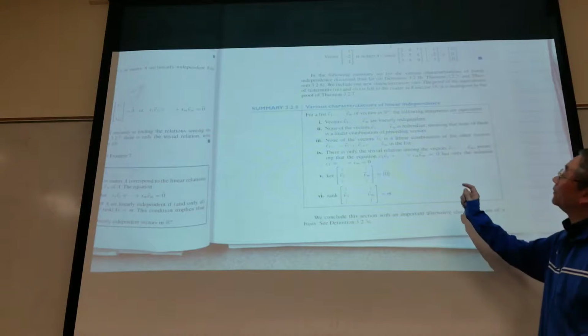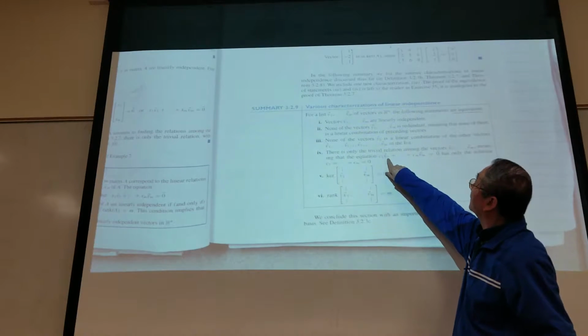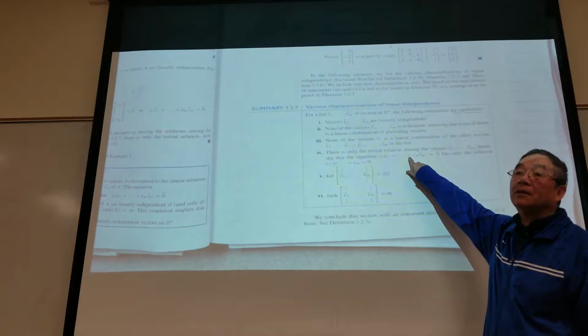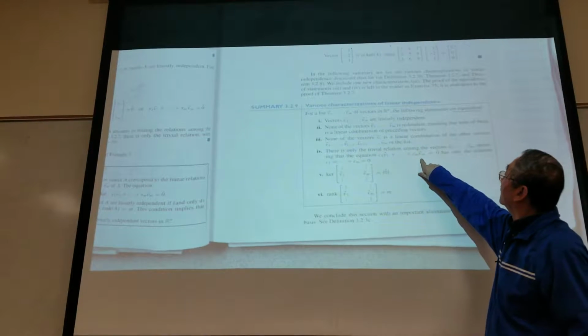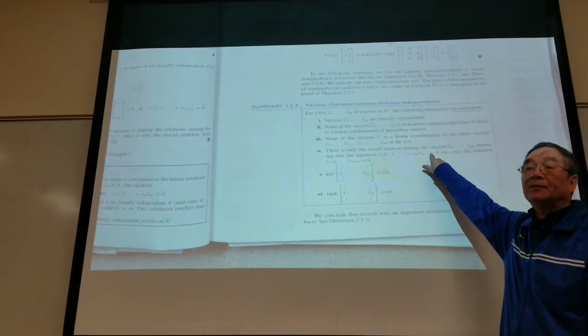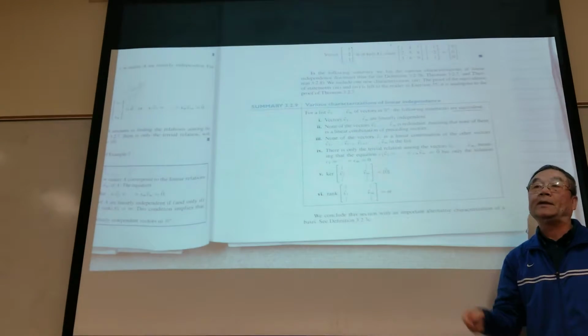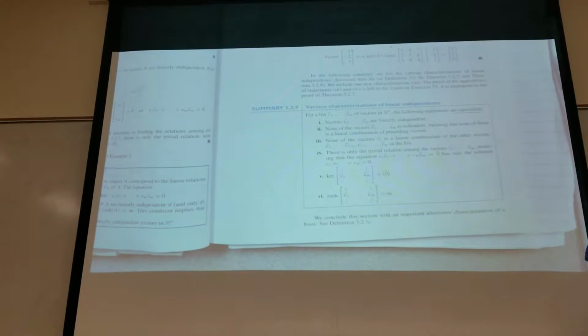So 0 times V1 plus 0 times the second, all the way to 0 times Vm is going to be 0, but that's the trivial one. They are not interesting. The question is whether there are non-trivial ones, right?